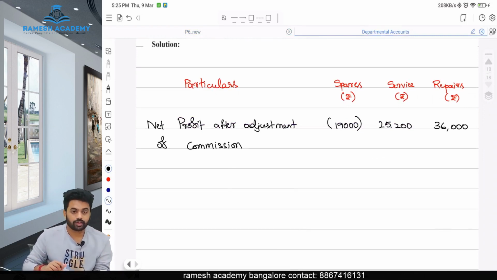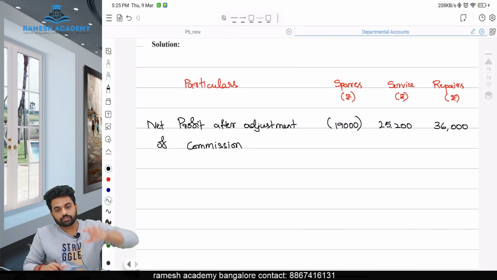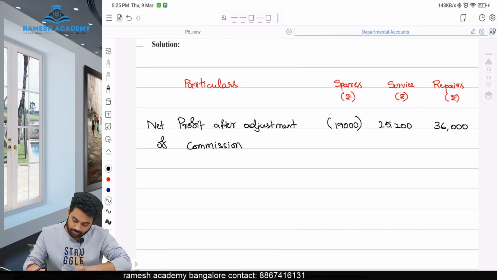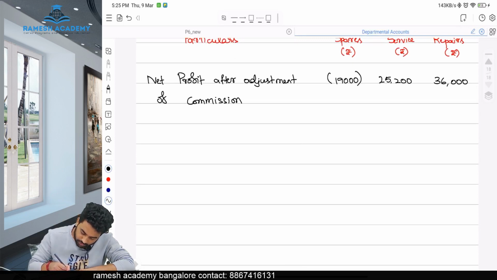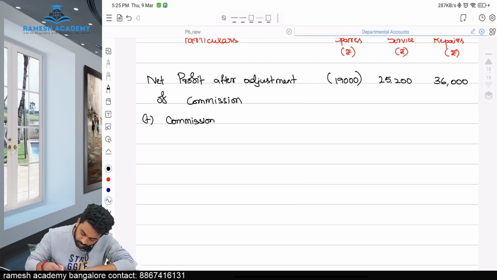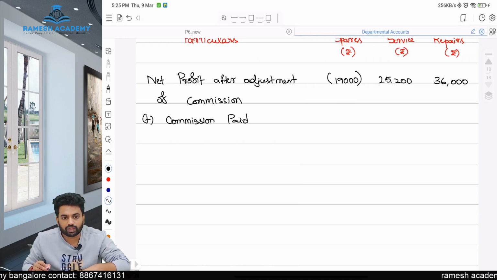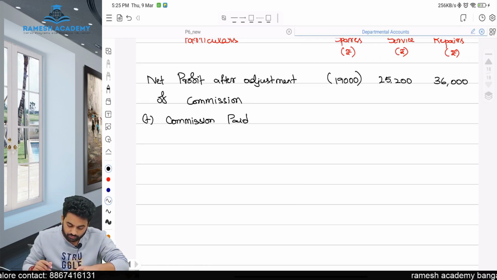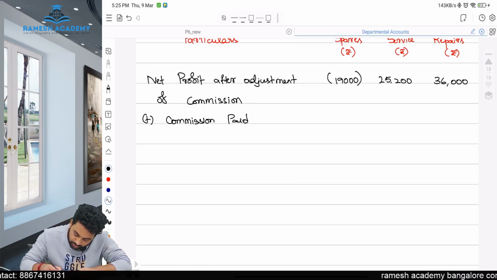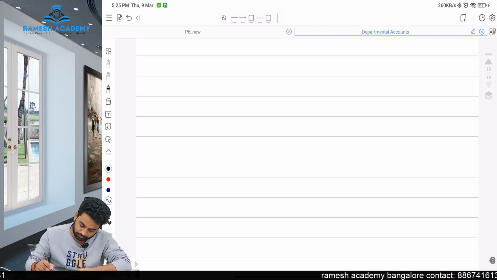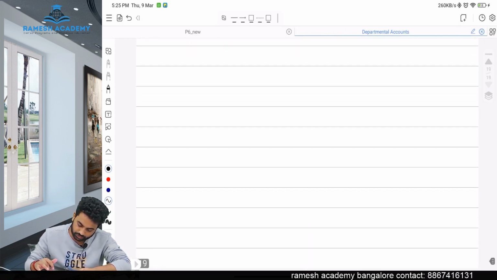What should we do now to arrive at a net profit before charging commission? We should add back the commission paid. Do we know how much we paid? We don't know. So we'll do working note number 1.